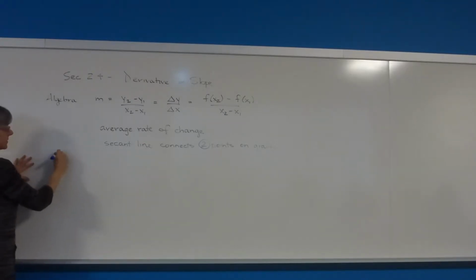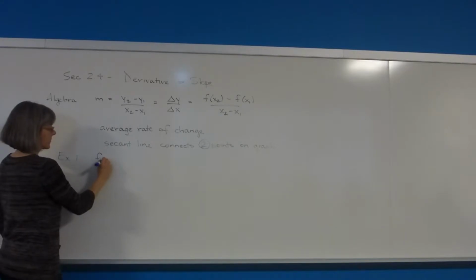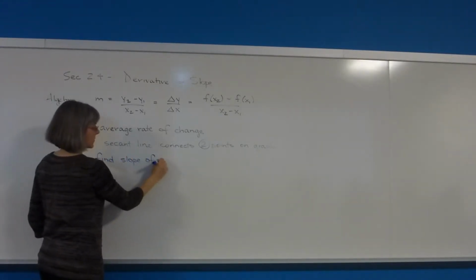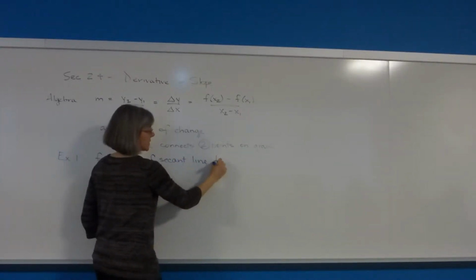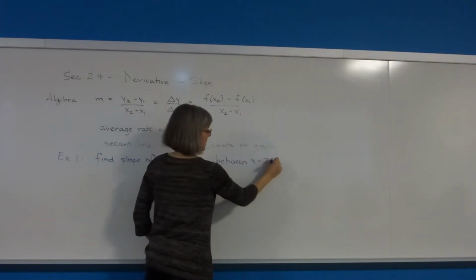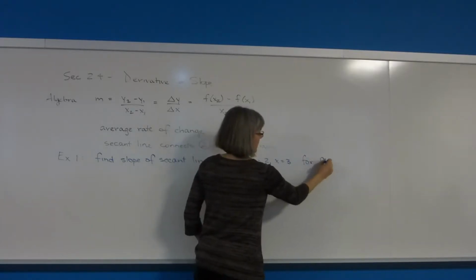Example 1: find the slope of the secant line between x equals 2 and x equals 3 for x squared.